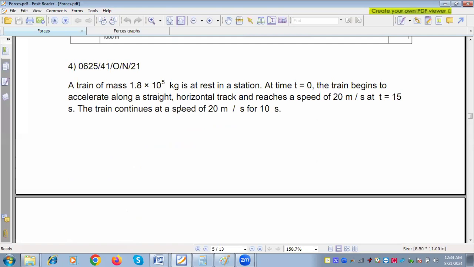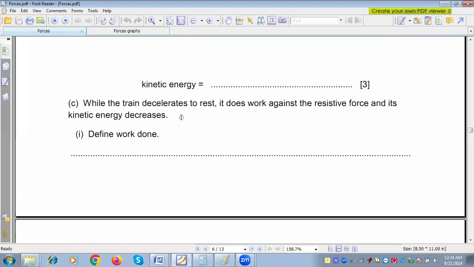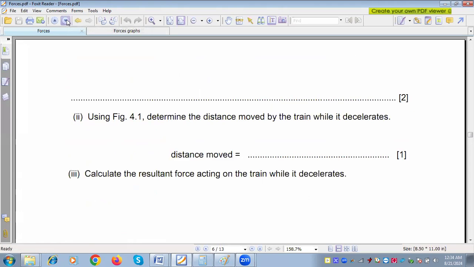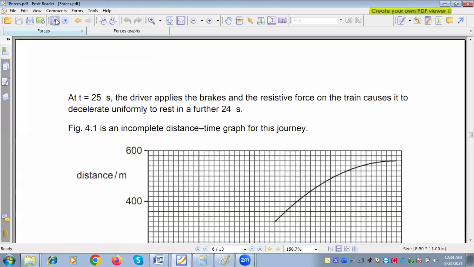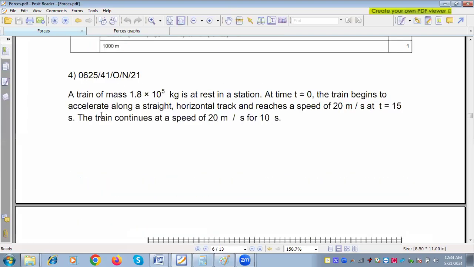1.85 into 10 to the power 5 kilogram is the mass, into 200. So we will get this in our marking scheme, or 1.8 into 10 to the power 5 into 200.